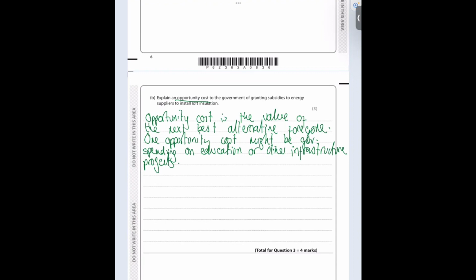I guess what we could say is, there's always going to be some kind of opportunity cost. And maybe the opportunity cost, rather than spending on education, is that there's maybe a better alternative to help with energy efficiency.